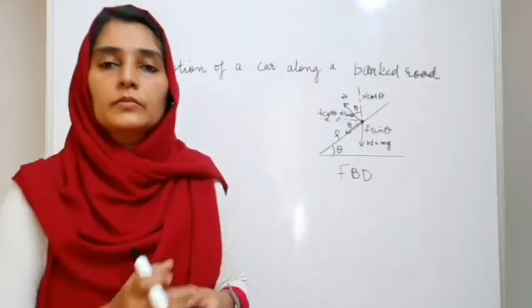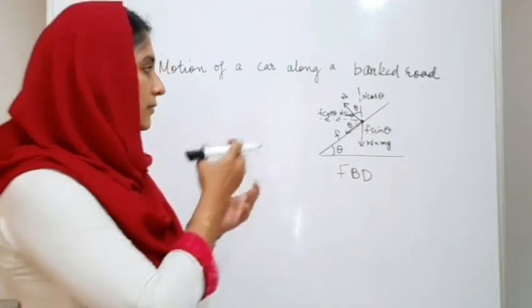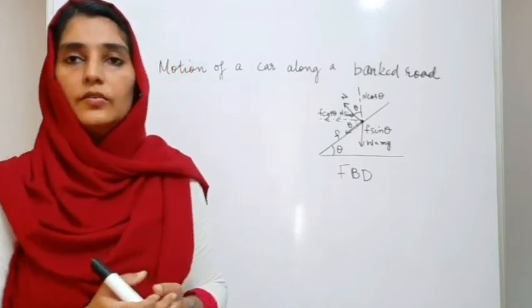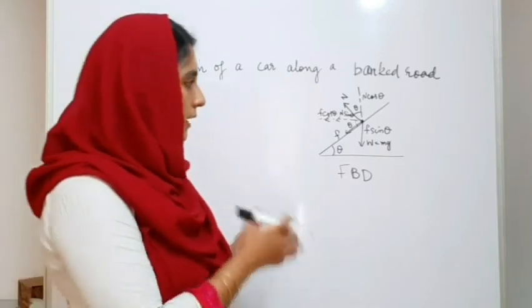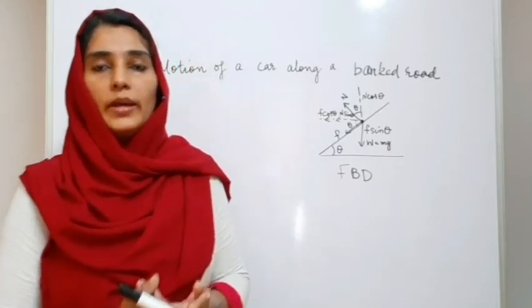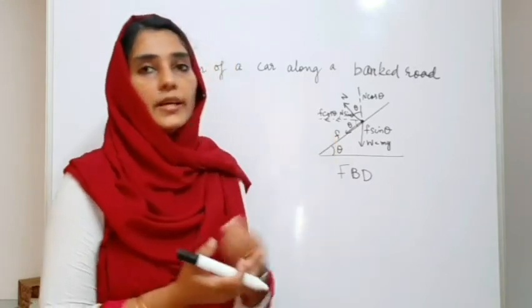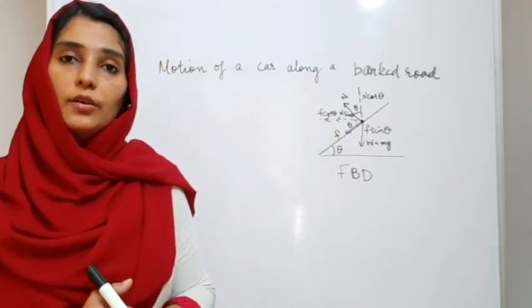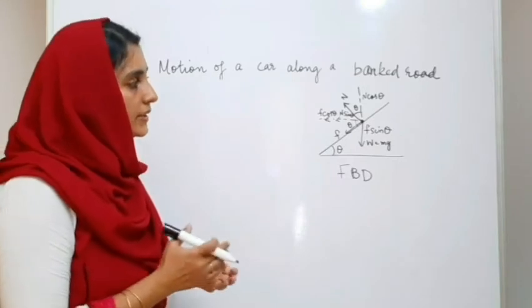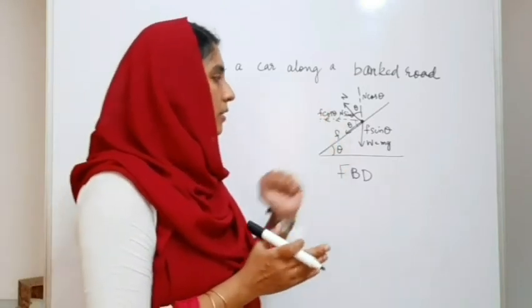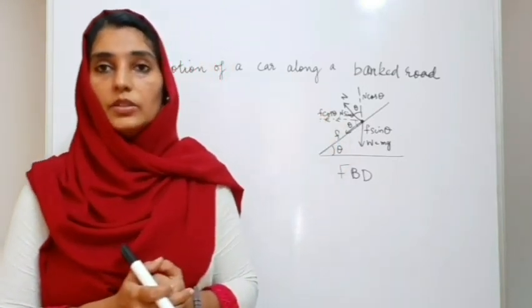So let us see how it works in this case of the circular path. In order to find the equation of maximum speed along a banked road, we have to equate the forces which are happening along the vertical direction and horizontal direction separately. First let us see the forces along the vertical direction.